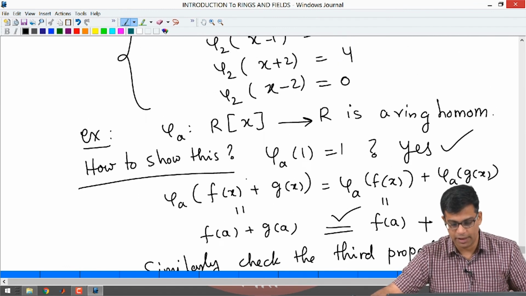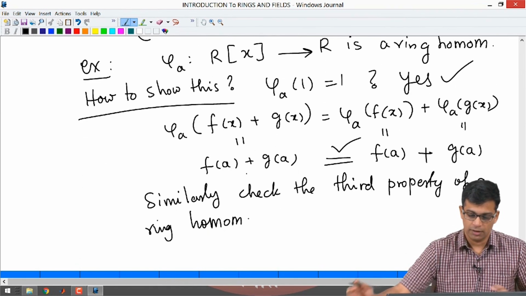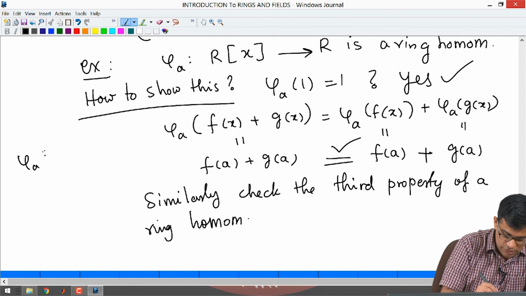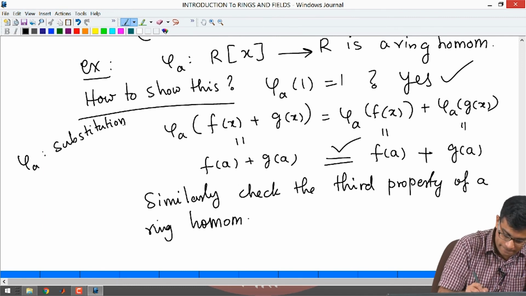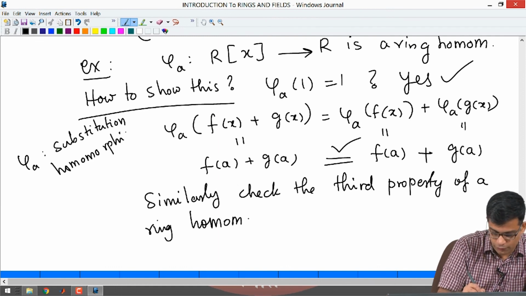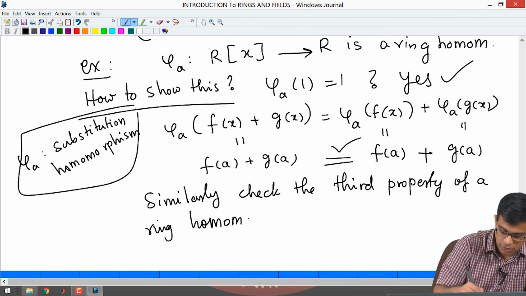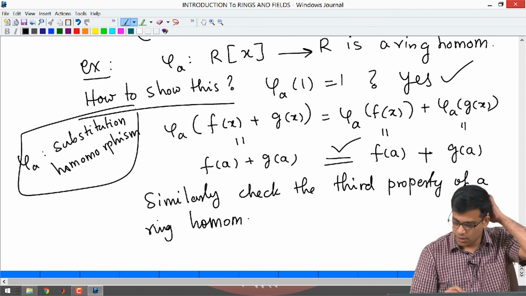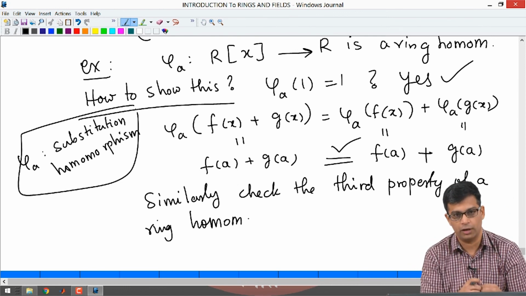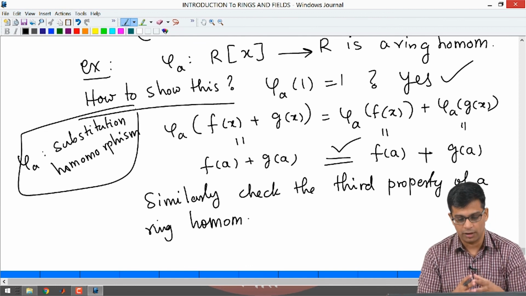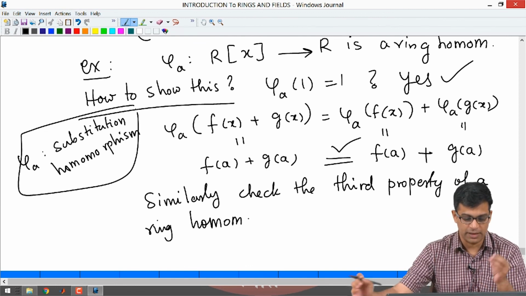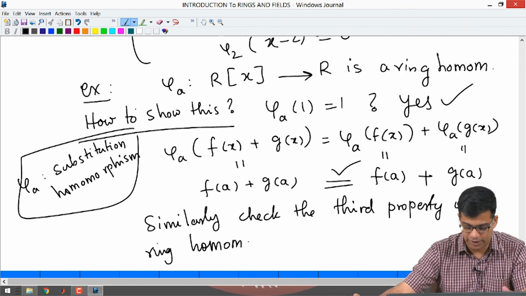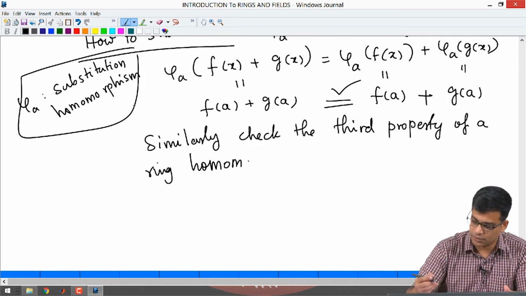So, this is an important ring homomorphism for us, this is called the substitution map, because that is what it is. So, phi a is called the substitution homomorphism and it is an important homomorphism for us. It is a way of going from a polynomial ring to the underlying base ring, by substituting a specific value for every x. So, this is a ring homomorphism.